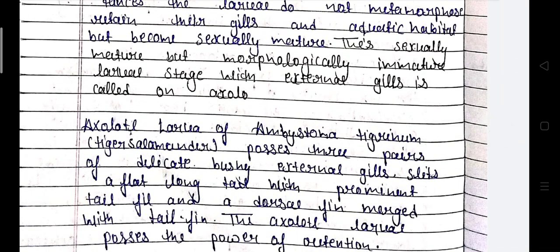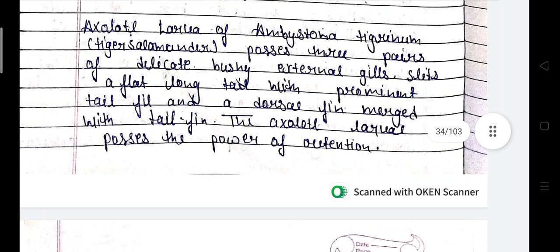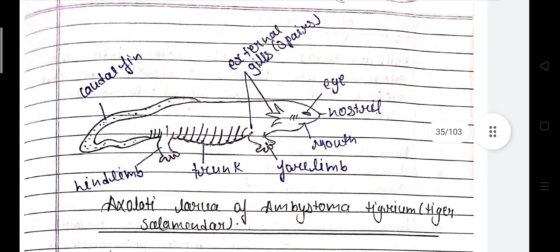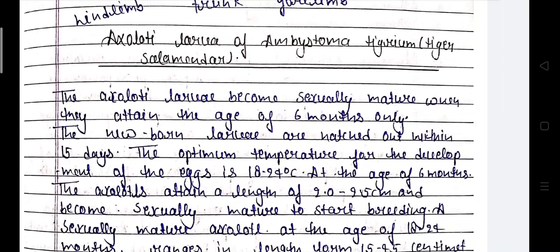The axolotl larva of Ambystoma tigrinum possesses three pairs of delicate bushy external gill slits, a flat long tail with a prominent tail fin, and a dorsal fin merged with the tail fin. The axolotl larva possesses the power of regeneration. Axolotl larvae become sexually mature when they attain the age of only 6 months.